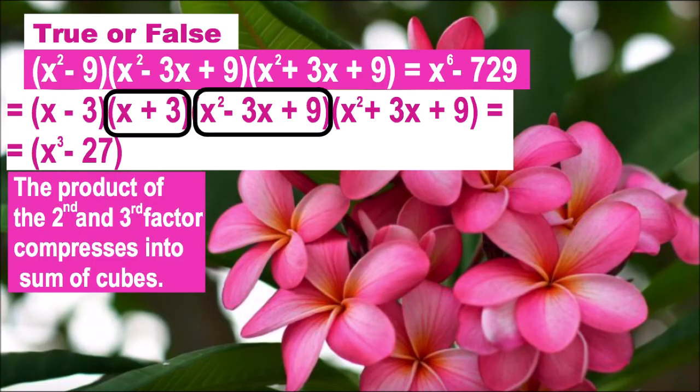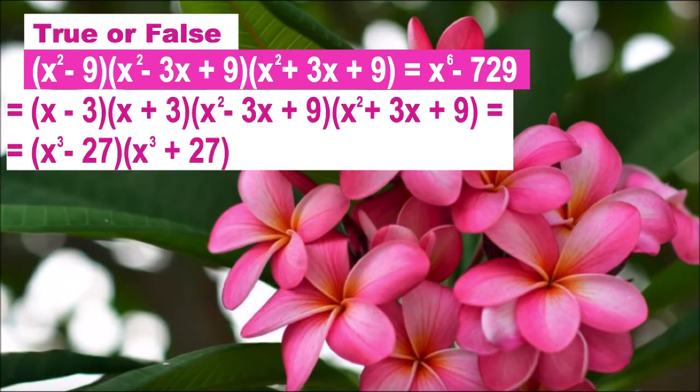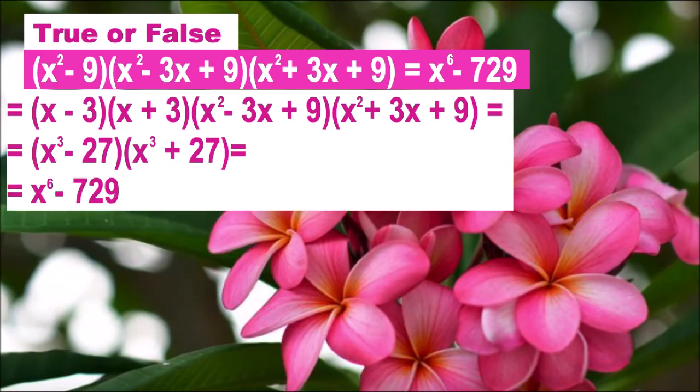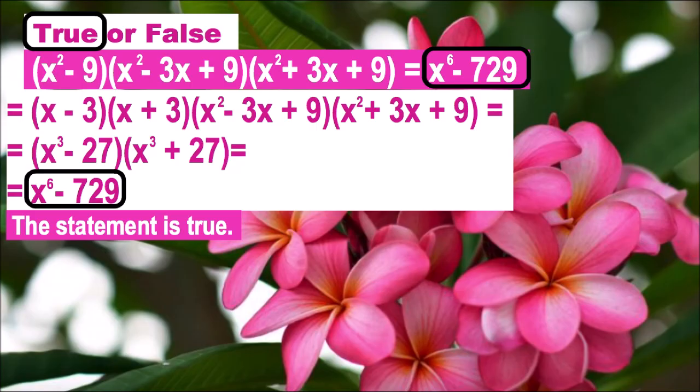Now, if we look at the product of the second and third factor, we also notice that this compresses into the sum of cubes, x cubed plus 27. And this special product compresses into the difference of squares, thus equaling x to the 6th minus 729. Thus, the statement is true.